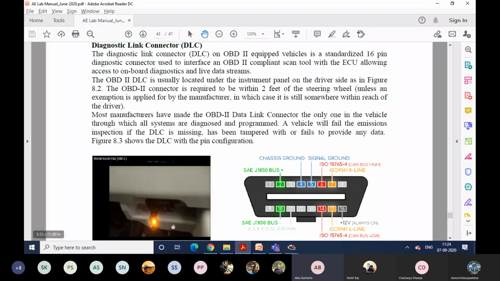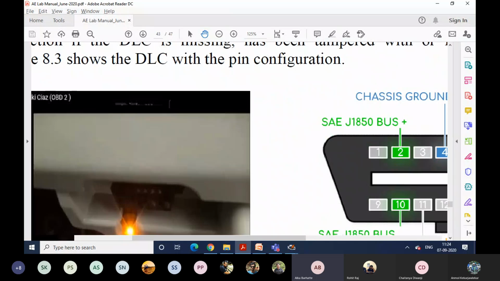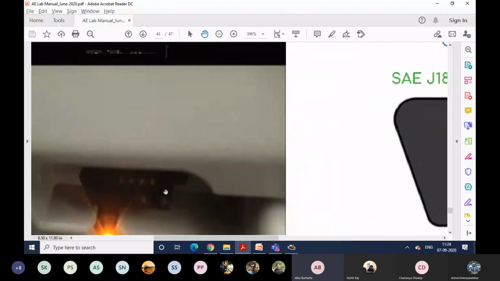Usually this port exists below your steering wheel and just above the pedals, the accelerator pedals. In between the pedals and the steering wheel, you can find this port. Like this, you can have that port.